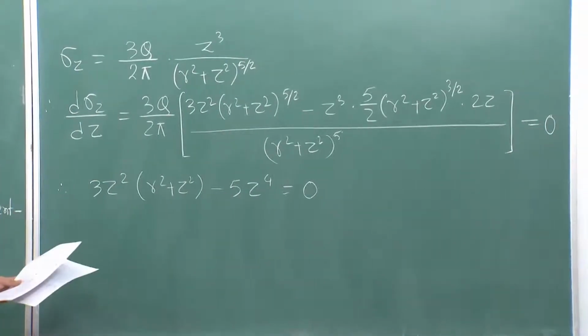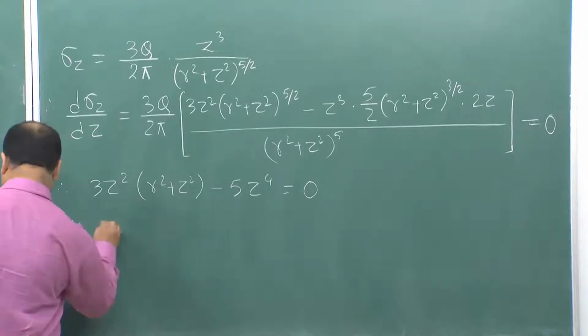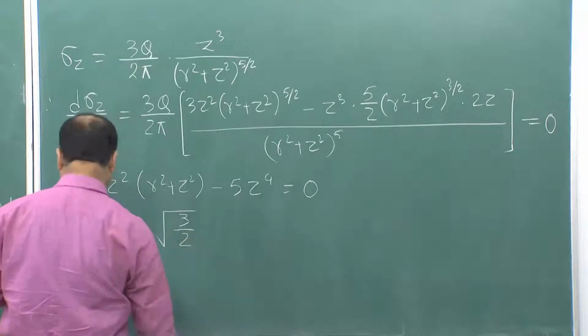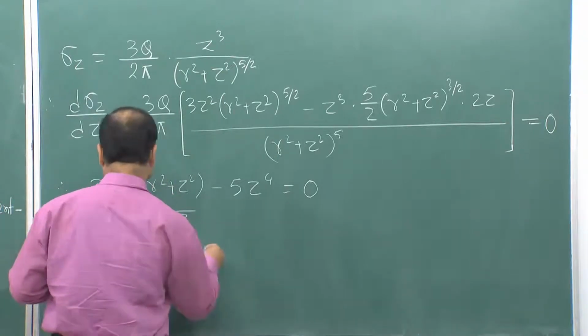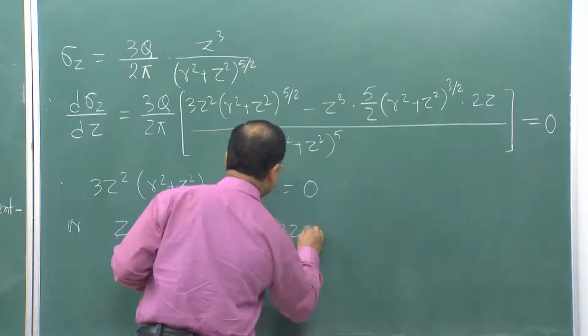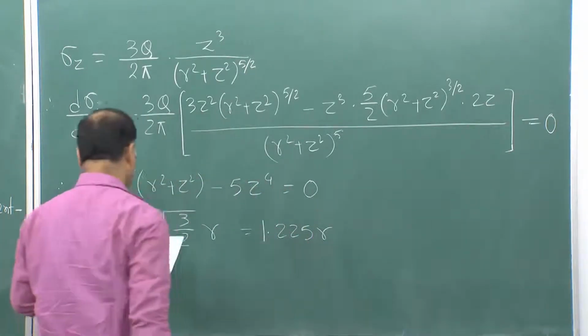Okay. So, which gives me z equal to root over 3 by 2 r, which is nothing but 1.225 r.